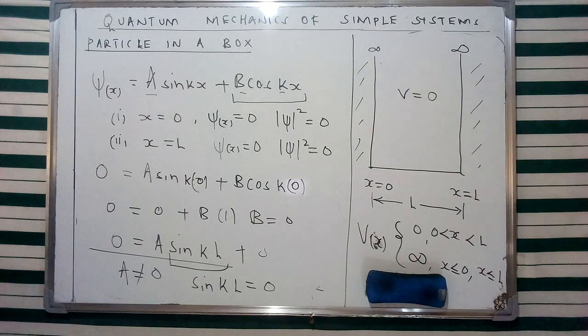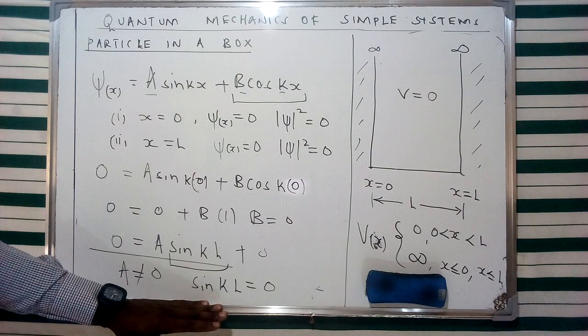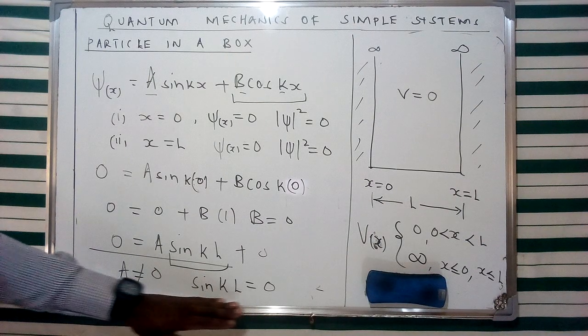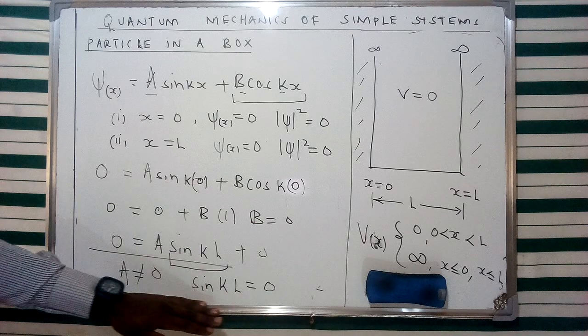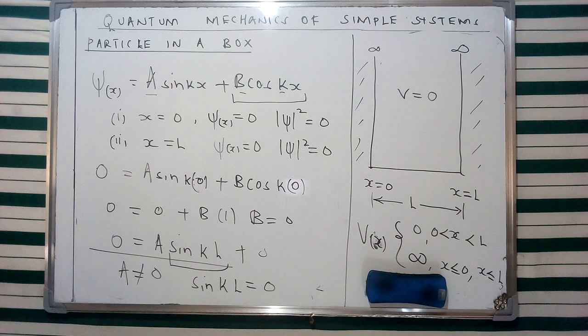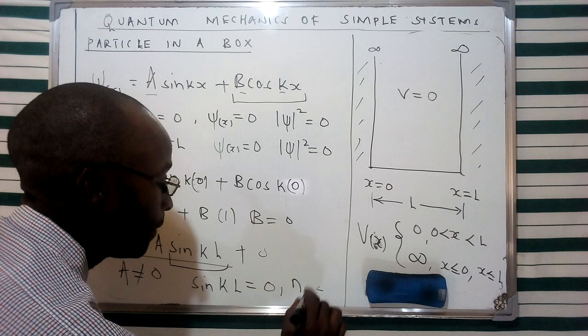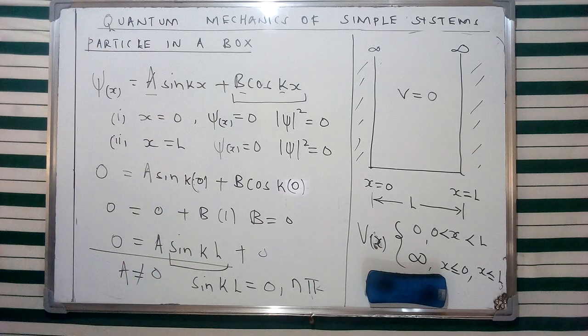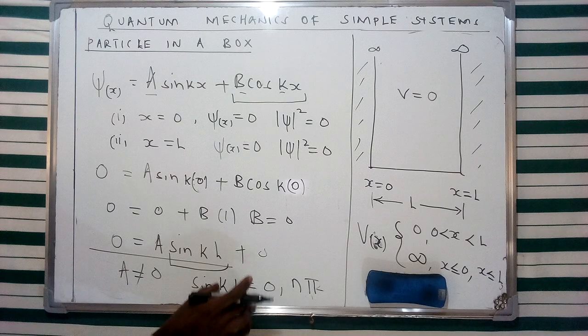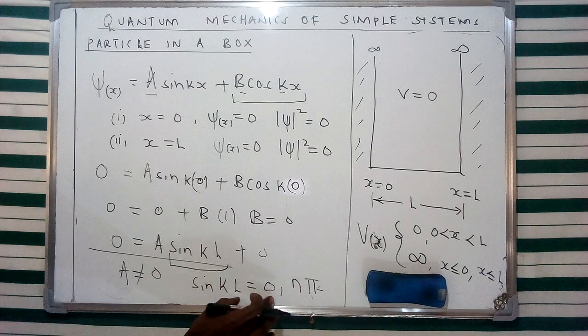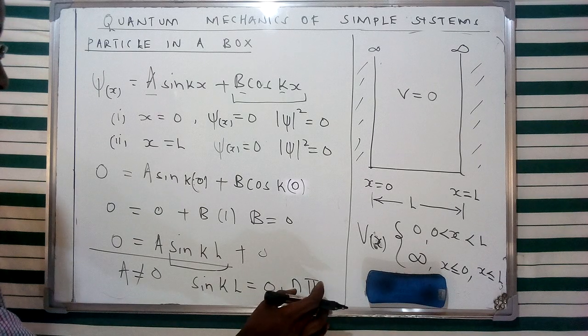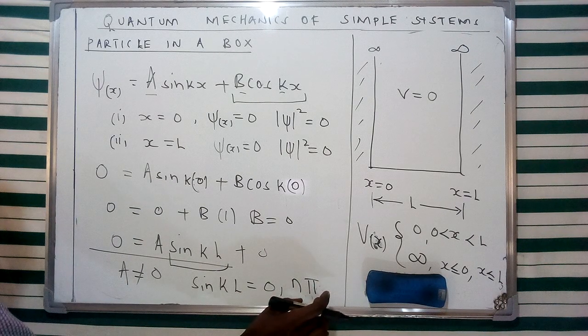And from a description of the graphical representation of trigonometric functions, we see that this is going to be true for values of n pi. Therefore, for the sine of kL whereby the value is 0, these are going to be satisfied by n pi.